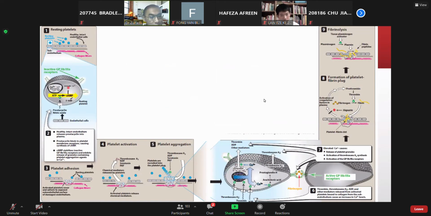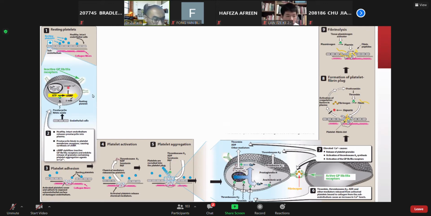Again, this is about platelet activation and also platelet aggregation. This one starts from the resting platelet, as I mentioned just now. In the resting platelet, the protein receptors GP2B and GP3A are not active.